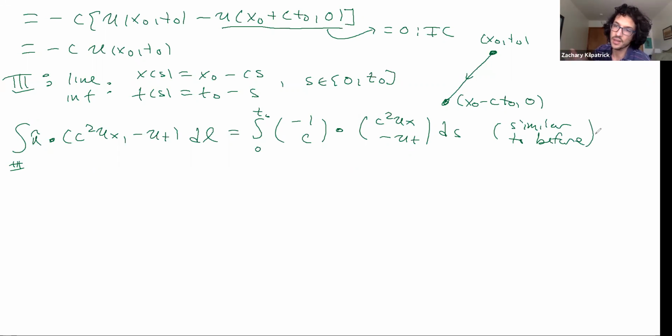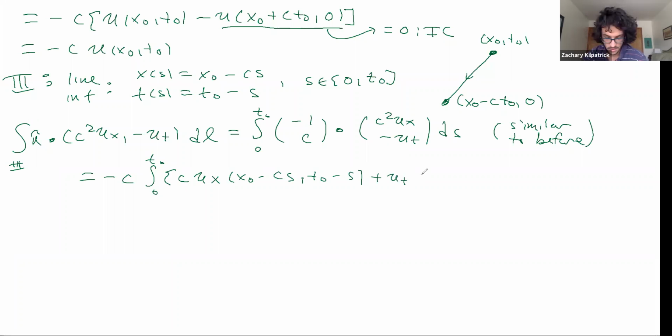We compute that arc length formula, we compute the derivative, we dot, and we get that cancellation of the square root of 1 plus c squared term. When we take the dot product again, we get something that looks very similar to the case of the second segment, except that we have some sign reversals in this case.